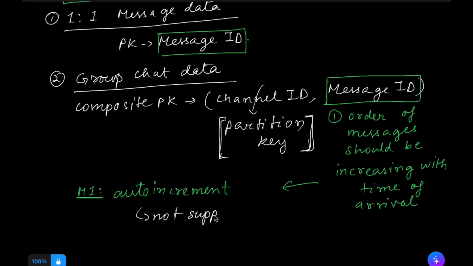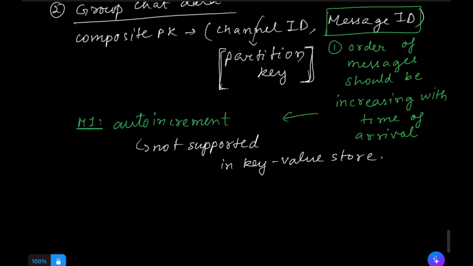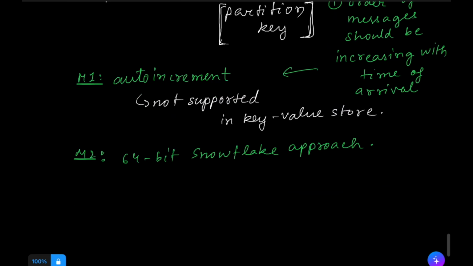To learn more about it, you can see my video on how we design a unique ID generator, where I discussed the auto increment feature and why it is not supported in key value stores. Second, we can use the 64-bit snowflake approach, which uses a timestamp to generate the unique ID.